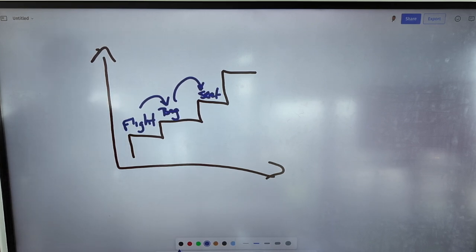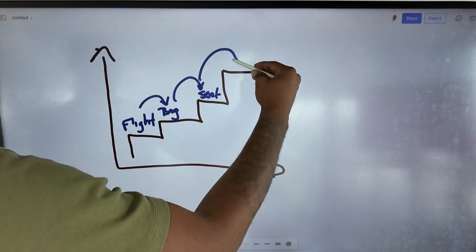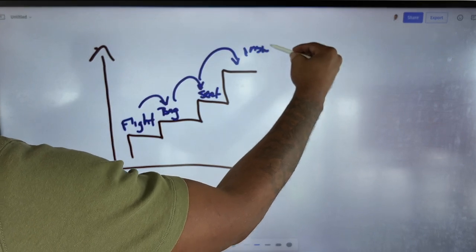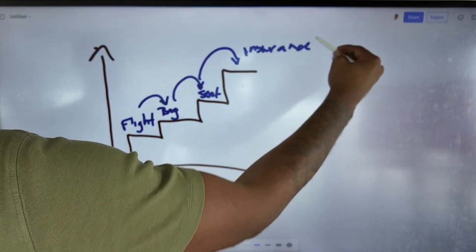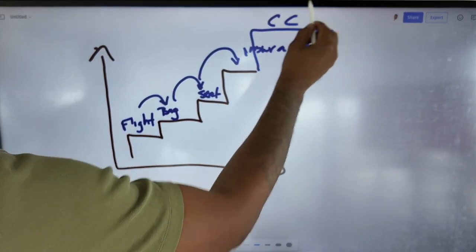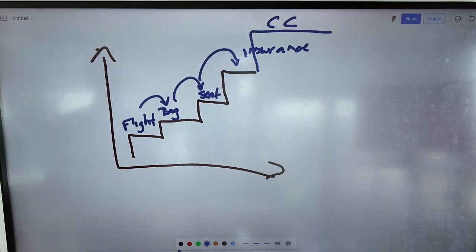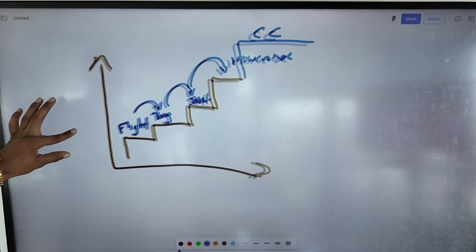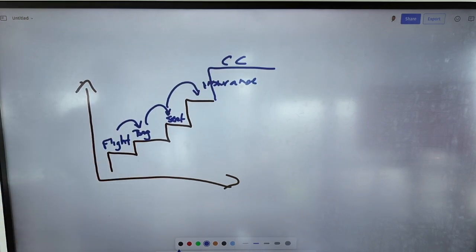And then the next one would be, obviously, insurance. And it goes even more, because sometimes they even offer you a credit card while you're on the plane. So there are so many things that we don't even realize are funnels, and that we're being put into a ladder, okay?